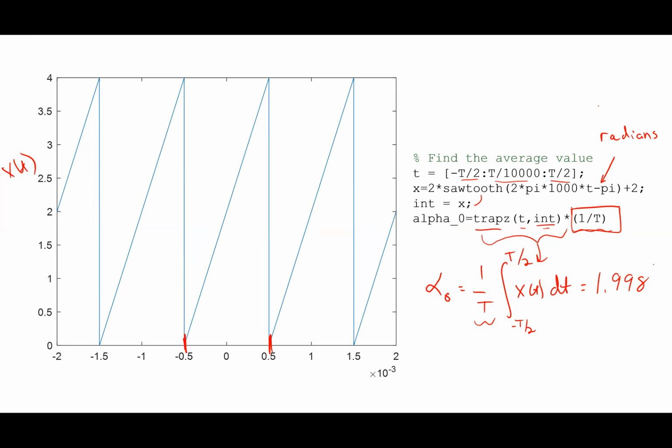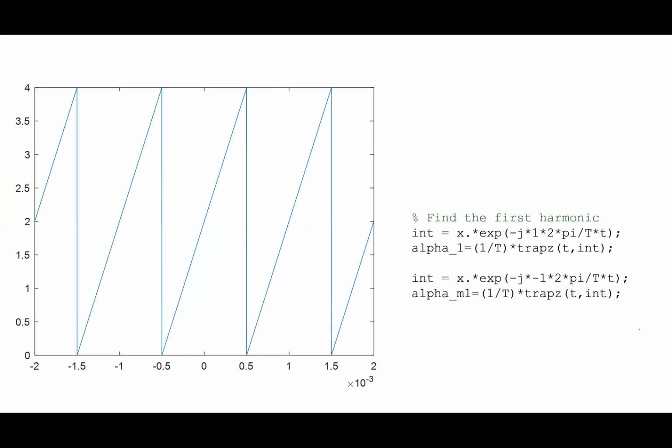Now, in the project, what I ask you to do is to use this same numeric approach to calculate the Fourier series coefficients, right? So again, alpha 0 is pretty easy to do, but if I'm talking about the first harmonic or the second harmonic or the third harmonic, it gets a little bit tricky. All right, so let's say I'm trying to do the first harmonic.